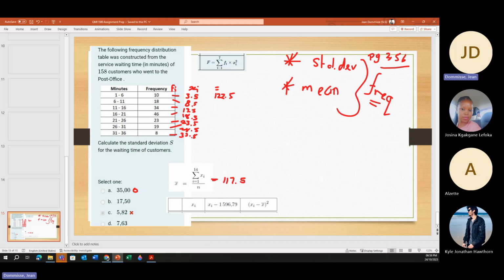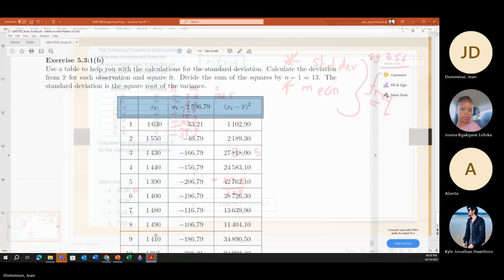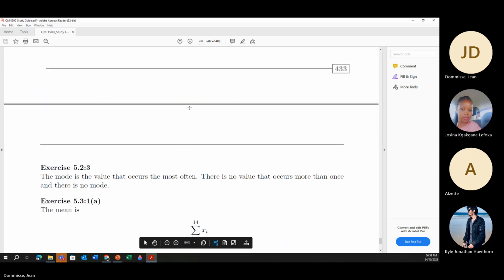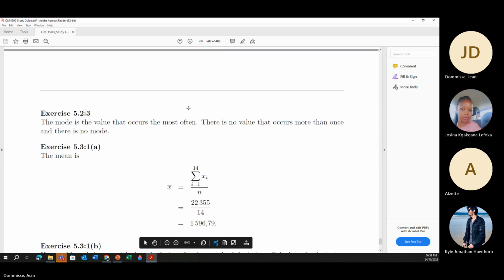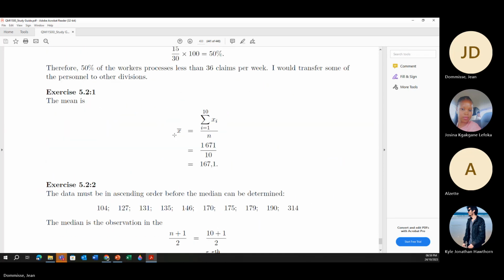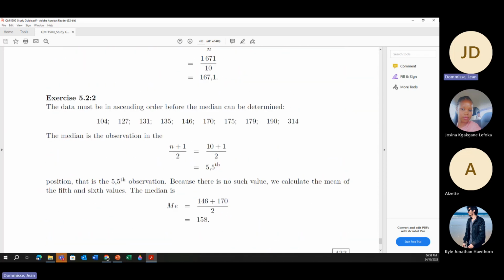So now we need to say divided by, let me check again, there was 14.